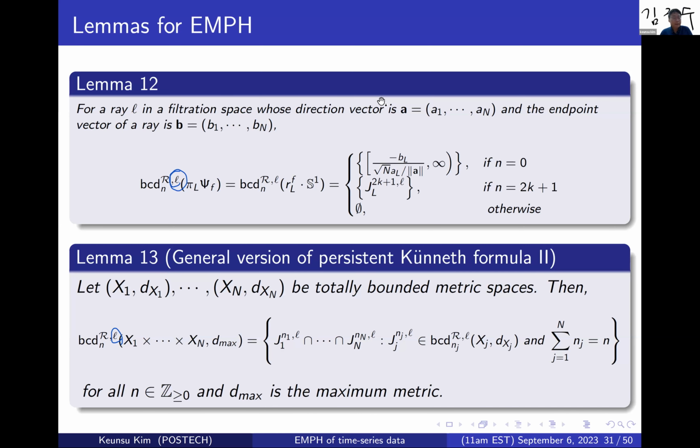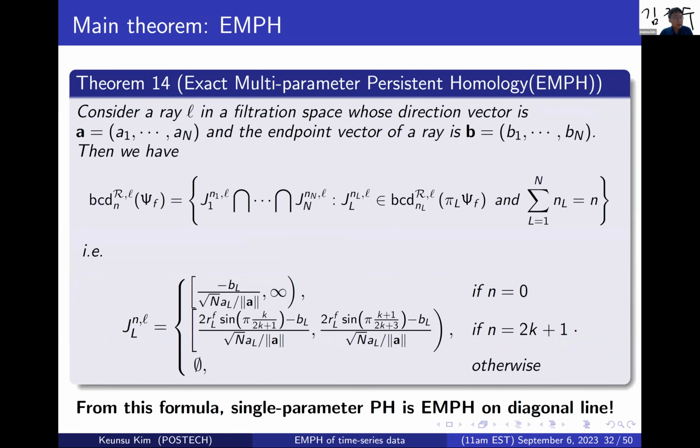Finally, we get the fundamental theorem of EMPH theory. In the multi-parameter space, the ray L has direction vector A and endpoint P. So the barcode formula on this ray is like this.